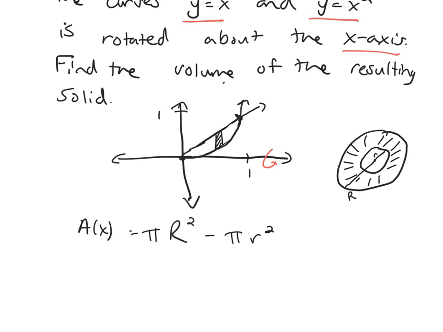So let's see if I can find big R. It comes from one of these two functions, and it's the function that's further away from my rotation line. And that's the line.